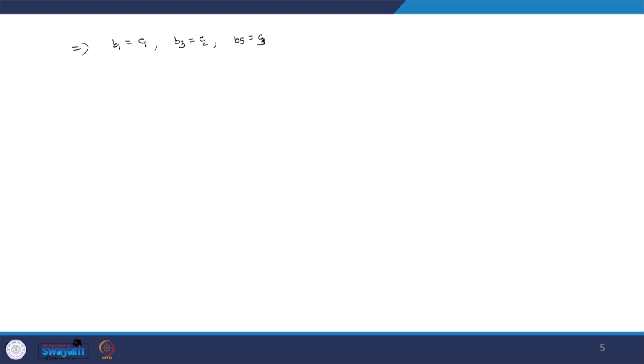Already we have proved in our last class, for a general m cross n matrix, what the relation is between the coefficients C1, C2, C3 and the entries of the beta vector. Generally, C1 is equal to B k1, C2 is equal to B k2 and C3 is equal to B k3. One can directly write down the solutions that way without comparing the coefficients. But anyhow, this is a very small 5 cross 5 problem, so it is not difficult to calculate the coefficients C1, C2, C3.